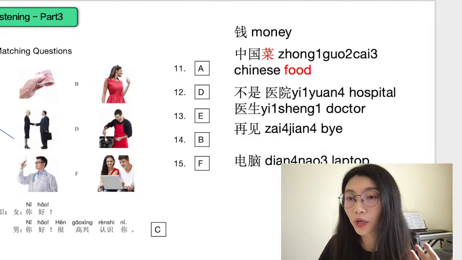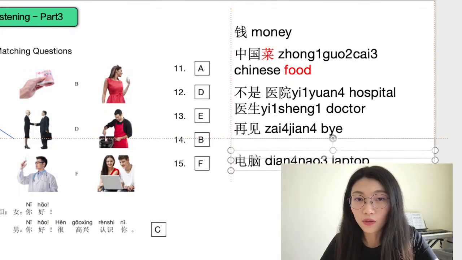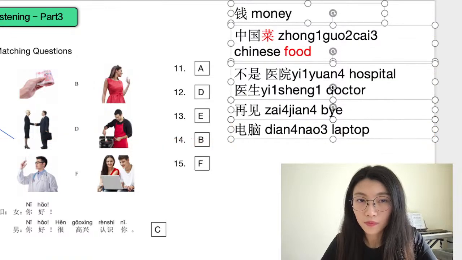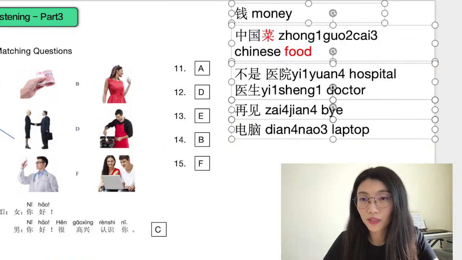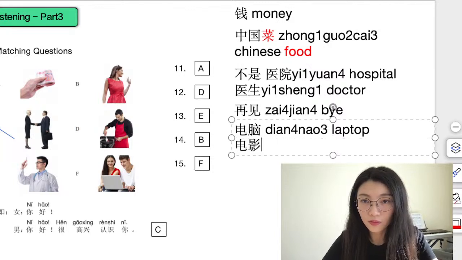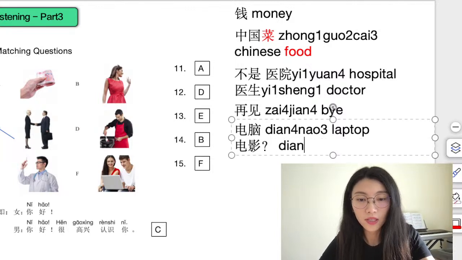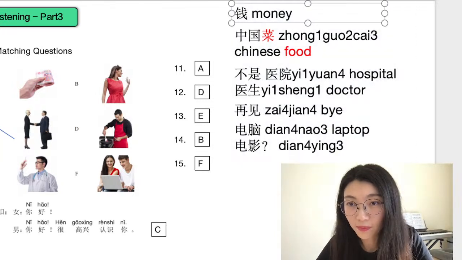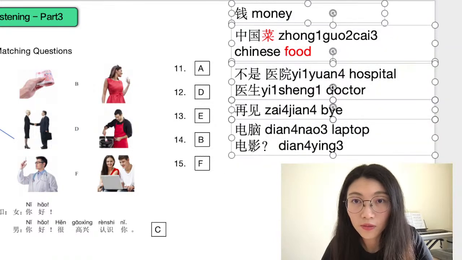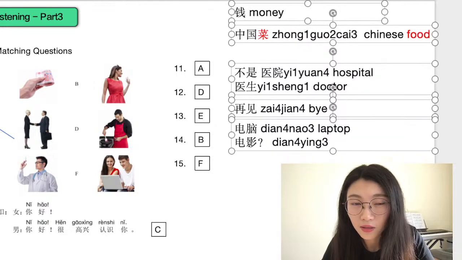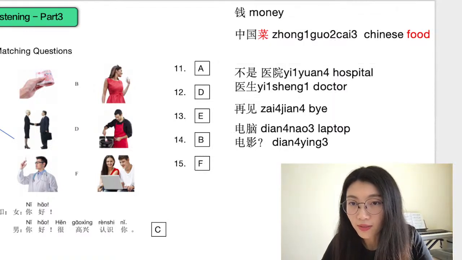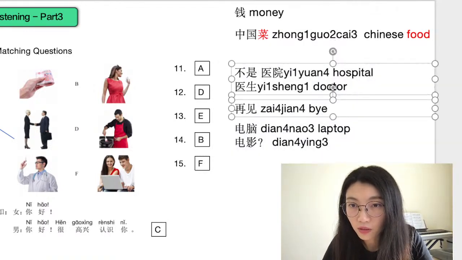And we heard the word 电影. What's the meaning of 电影? 电影 means movie.